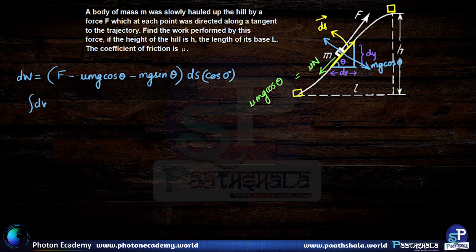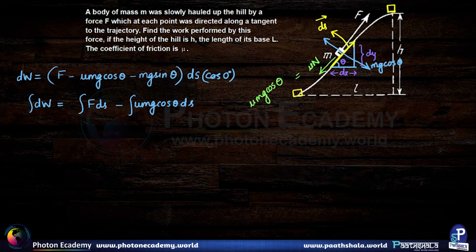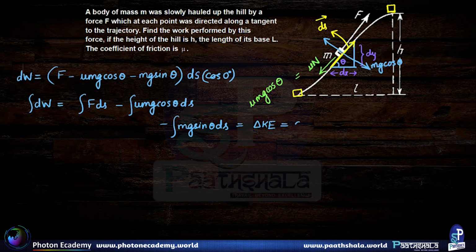So if I just integrate dw, I'm going to get integration of F ds minus integration of mu mg cos theta ds minus integration of mg sin theta ds, and the net work happens to be net change in kinetic energy, delta KE. So this net change in kinetic energy happens to be 0 because the block is hauled slowly. So initially the velocity is 0 and finally also the velocity is 0.